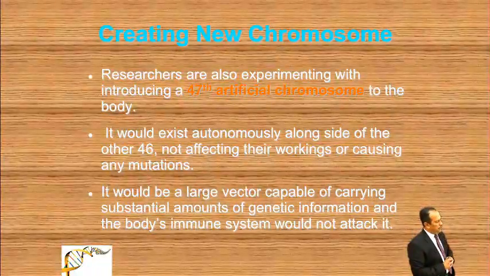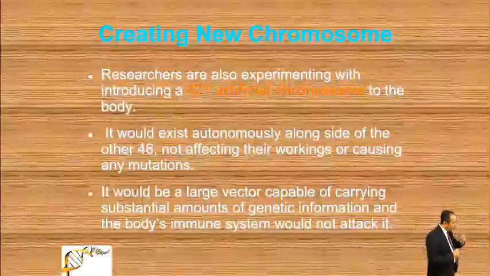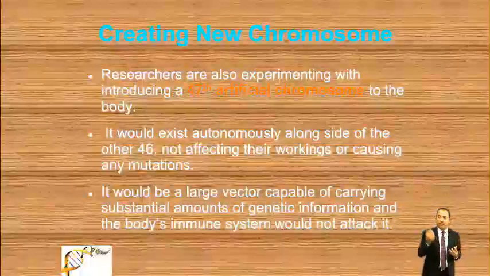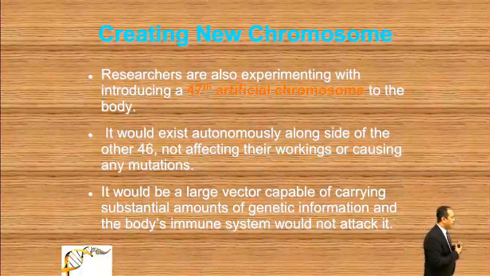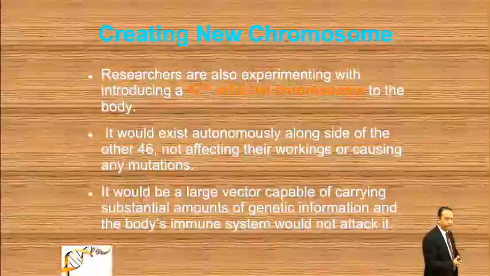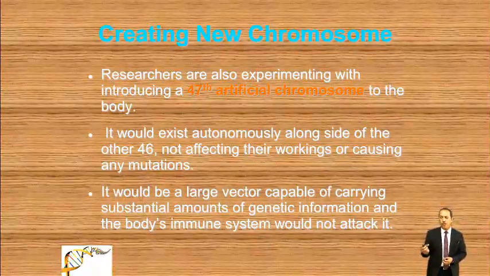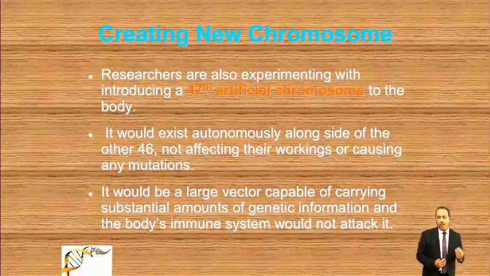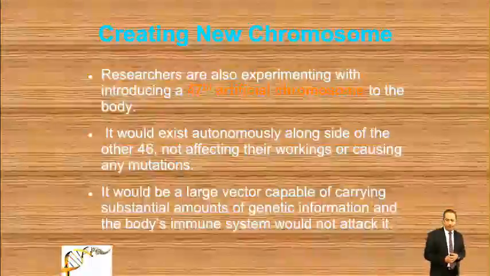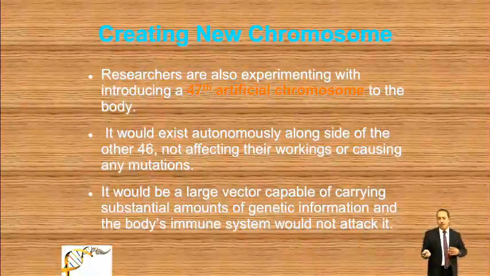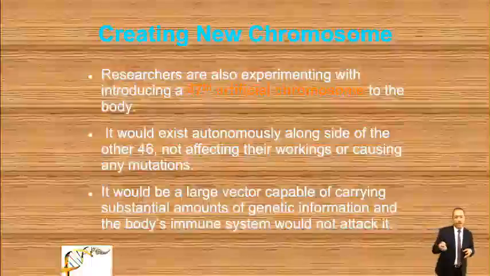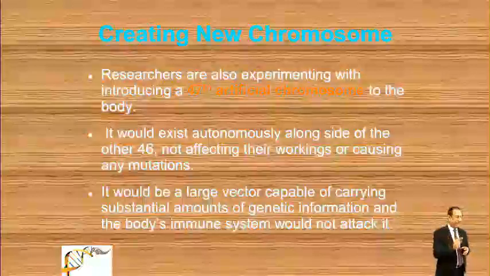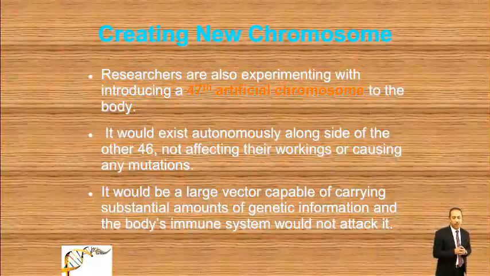Now, the world is mainly thinking of how to create the 47th chromosome. Researchers are also experimenting with introducing a 47th artificial chromosome to the body. It would exist autonomously alongside the other 46, not overlaying, not affecting their working or causing any mutations.